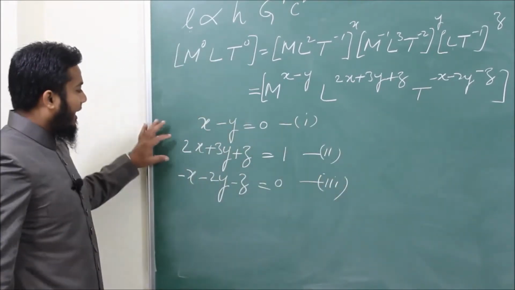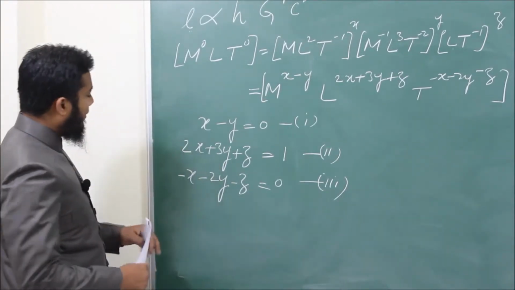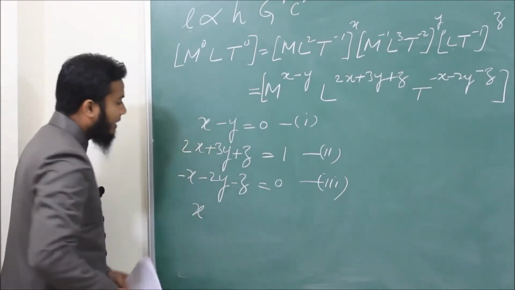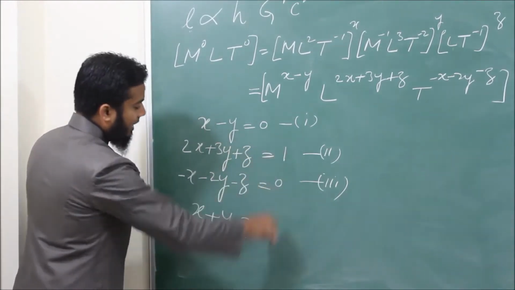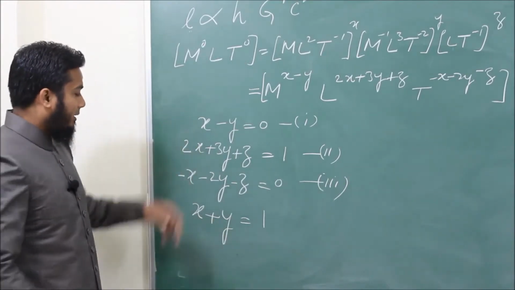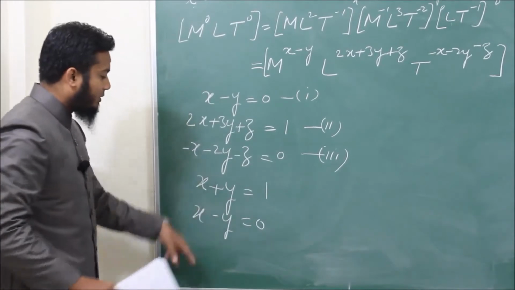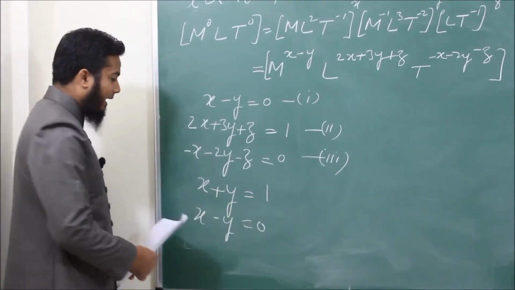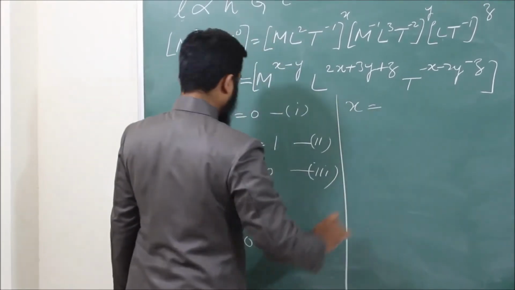Now again, if I add these two equations, second and third, Z will be eliminated and you are left with 2X minus X, so just X, and then 3Y minus 2Y, so just plus Y, and on the right hand side is now 1. So X plus Y is equal to 1, and write the equation below this one. So X minus Y is equal to 0. Now add these two, Y will be eliminated and you will get the value of X. So 2X is equal to 1, or X is equal to half.